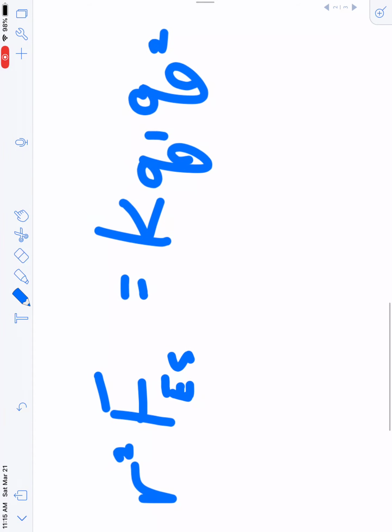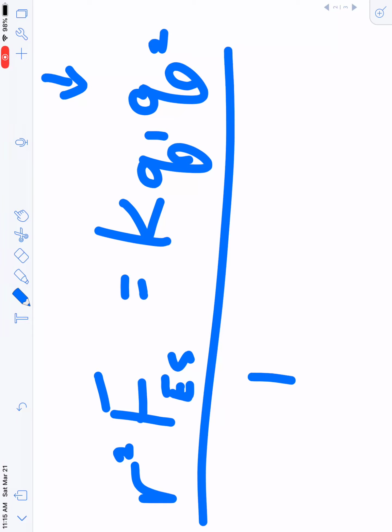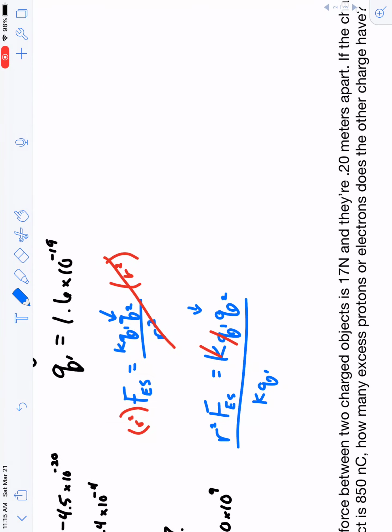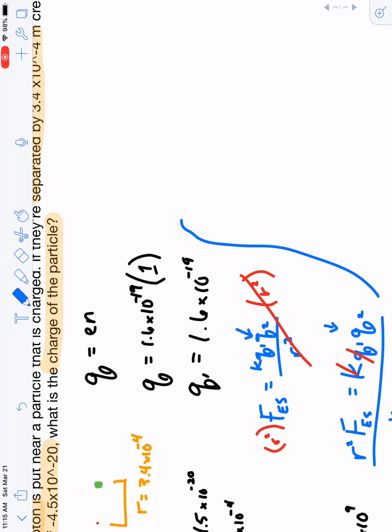Now, again, we're trying to get Q2 alone, which is being multiplied by Q1 and K. So we could divide by K and Q1. On the right side, they're going to cancel. We're going to send this back up to the top.